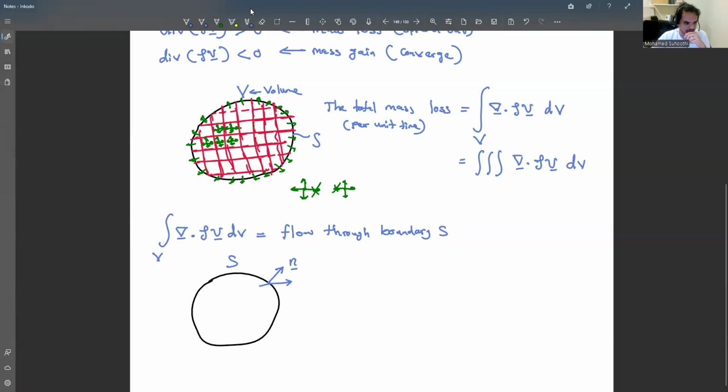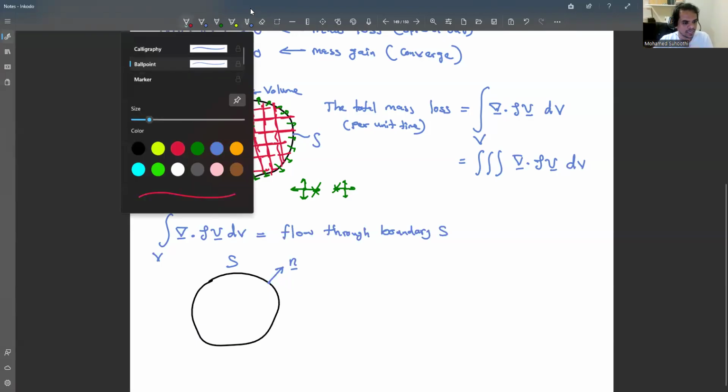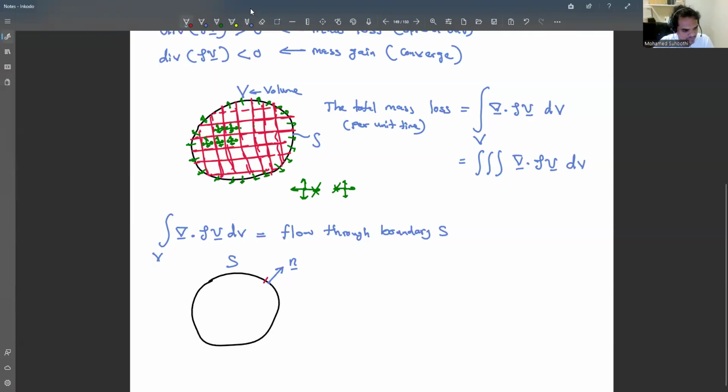Let's say I want the component of flow rate along this direction. I have a small surface area, let's say dS.